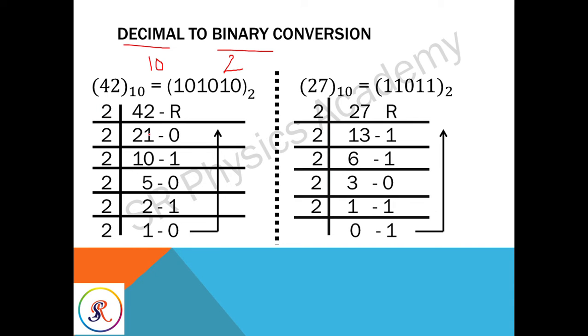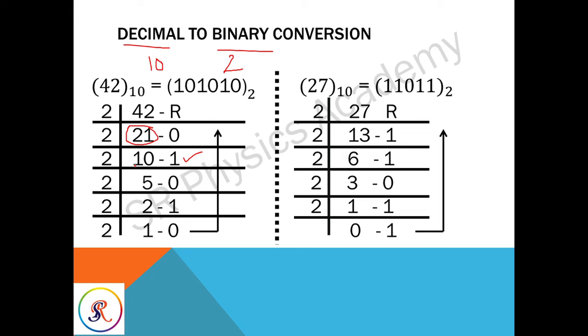So 2 2s are 4, the remainder is 0, and the quotient is 21. Then again 21 divided by 2: 10 2s are 20, the remainder is 1.